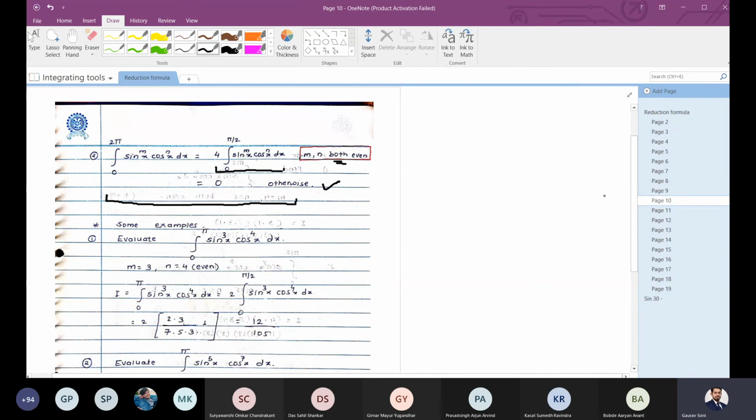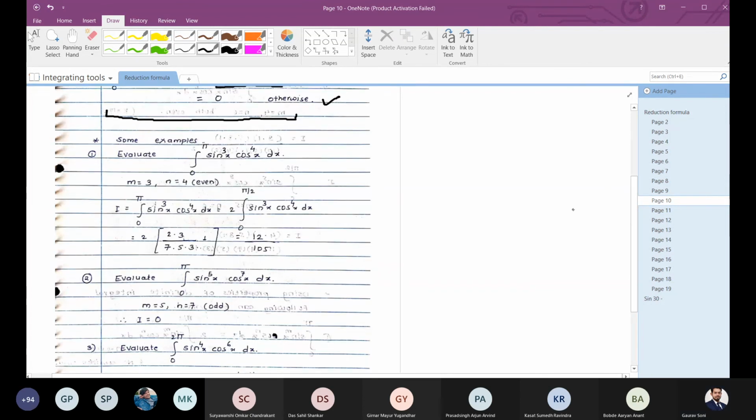So there are some simple examples on this. 0 to pi sine cube x cos raised to 4x. What we need to concentrate on is the power of cos. Power of cos is even. So I can write this as 2 times 0 to pi by 2 sine cube x cos raised to 4x. We have the formula for this.